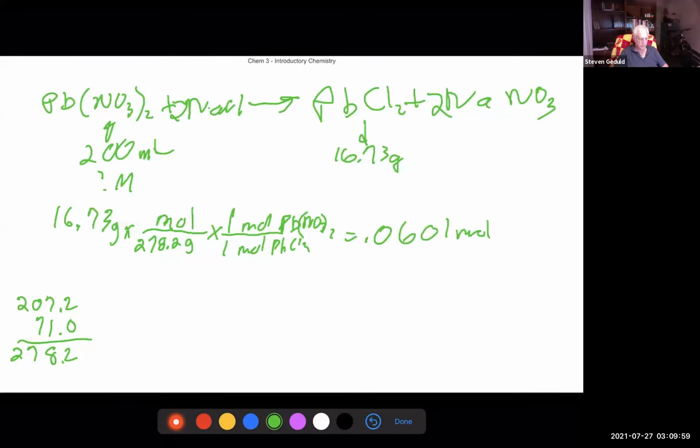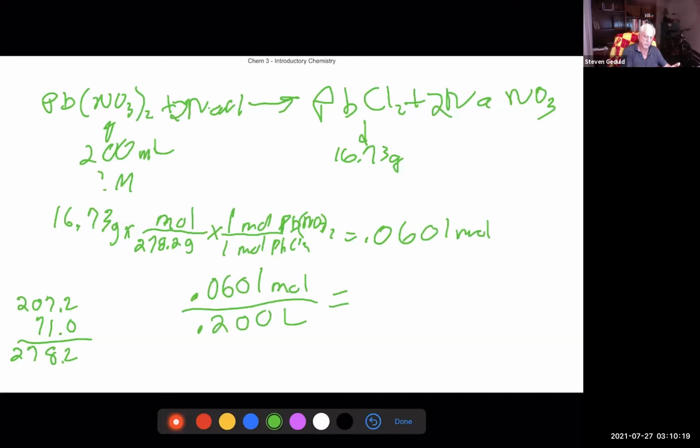So we know we have 0.0601 moles per 200 milliliters, which is 0.200 liters, just converting milliliters to liters, because molarity is moles per liter.